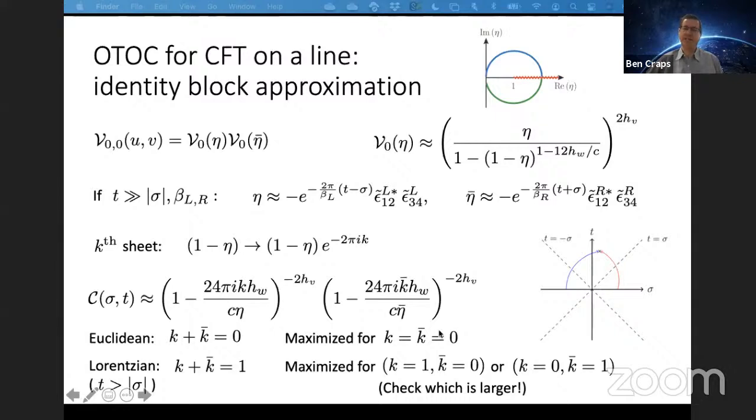But I'm going to be interested in the Lorentzian results, more precisely within the future light cone. And in that case, either eta or eta bar will cross the light cone and will therefore cross the branch cut. And so the sum of the two will be equal to 1. You can see from the formula that the result will be maximized either when k is 1 and k bar is 0, or when k is 0 and k bar is 1. And so we have to check which of the two gives the larger contribution, and that will be the channel that we choose.